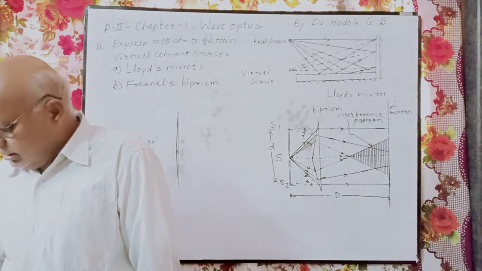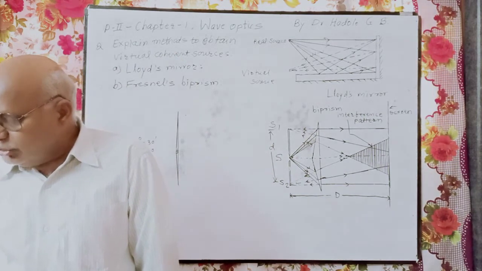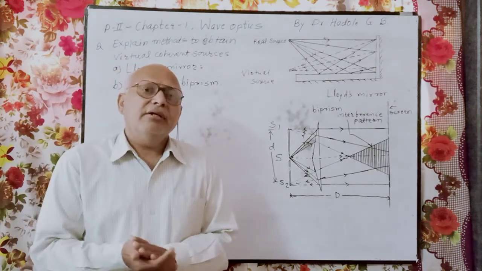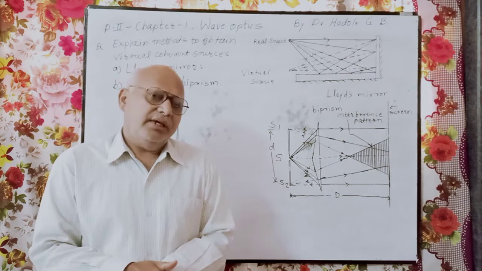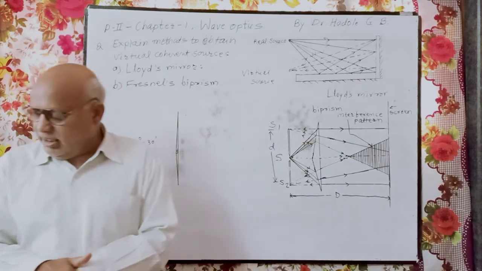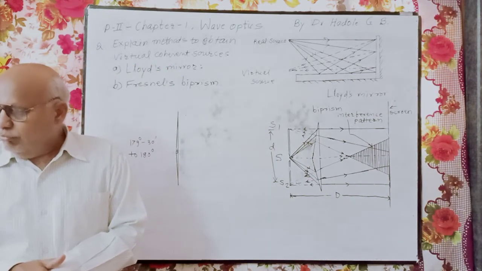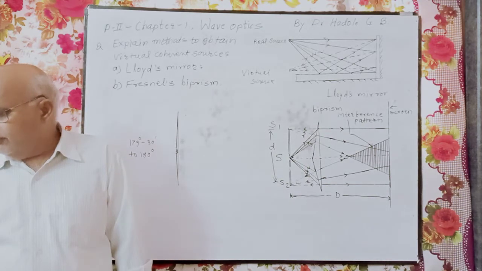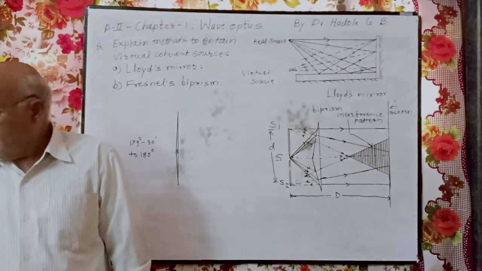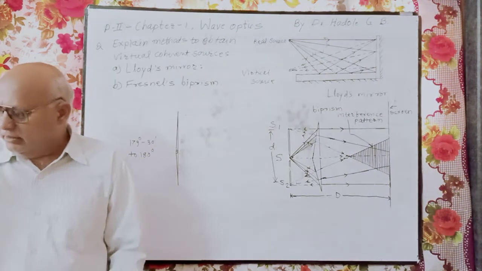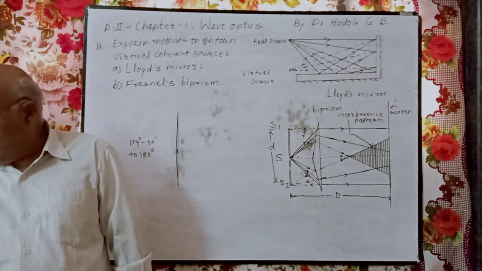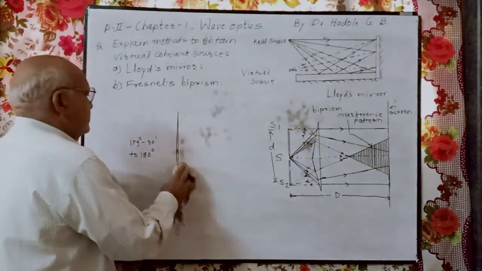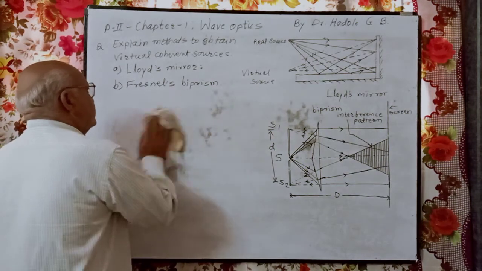Next, this biprism can be used to obtain the interference pattern. Since these two sources are coherent, we can obtain a very good and very fine interference pattern, so that it may be a steady interference pattern. With this, we will proceed further.